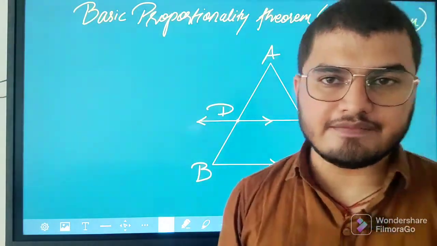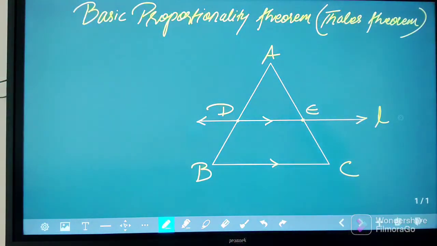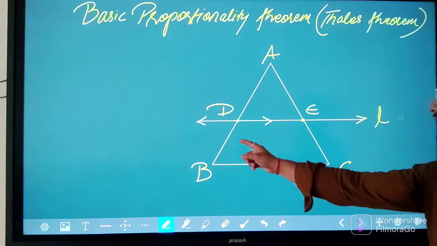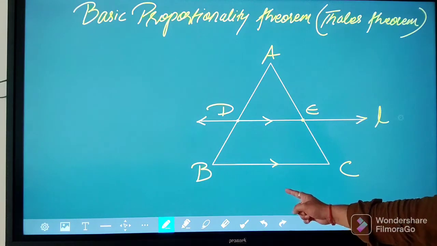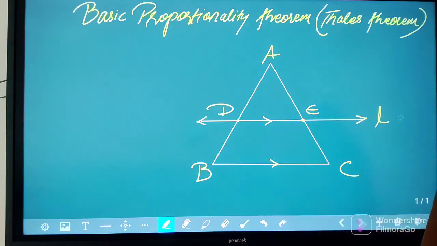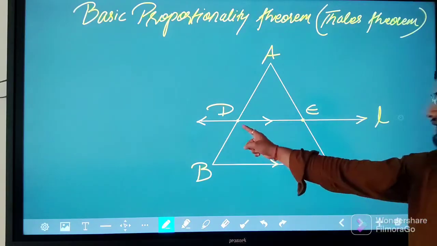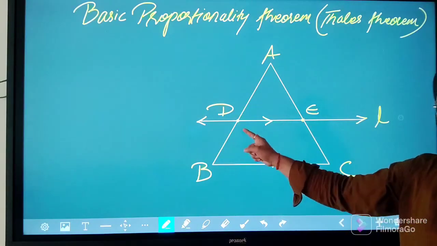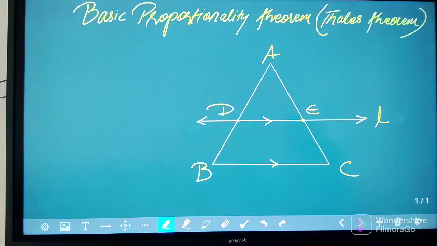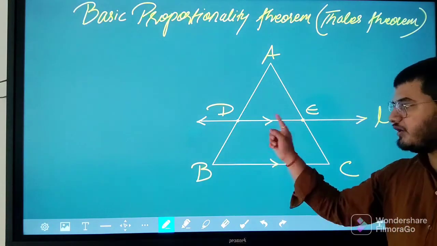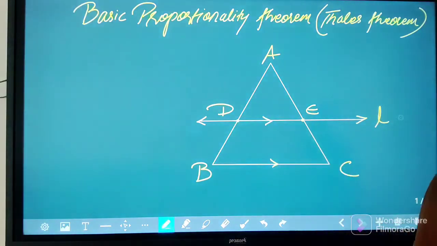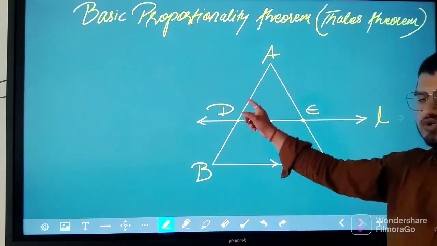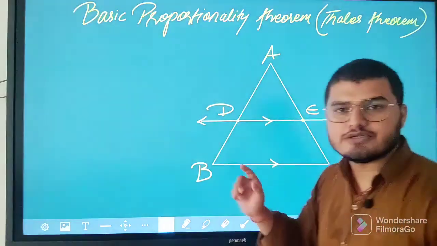The theorem is saying that if a line is drawn parallel to one side of the triangle, to intersect the other two sides in distinct points (distinct means different points, two different points, here is one point and here is another point), then the other two sides are divided. Then these two sides are divided in the same ratio.